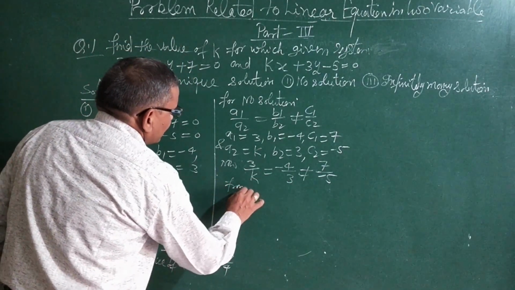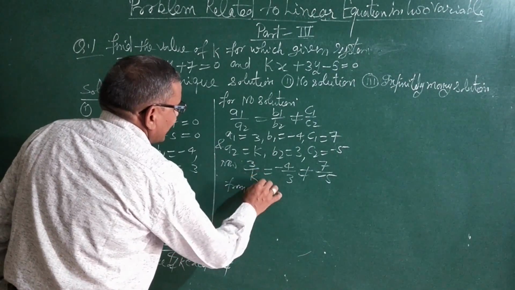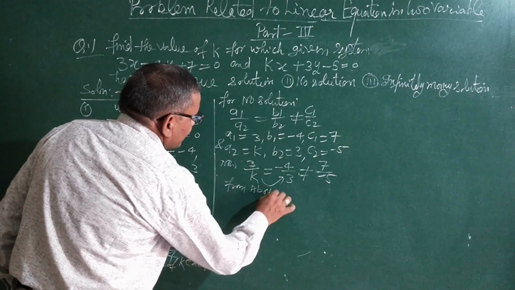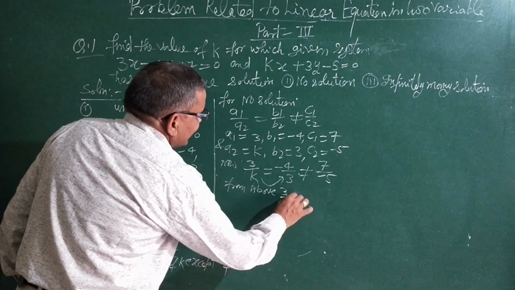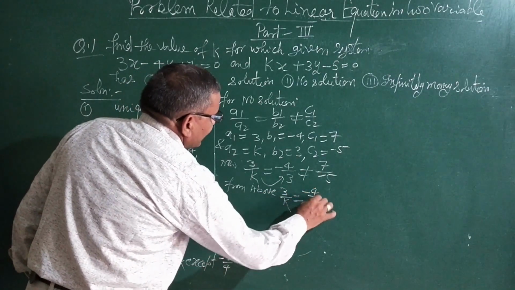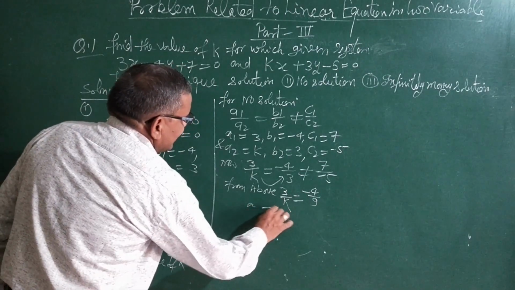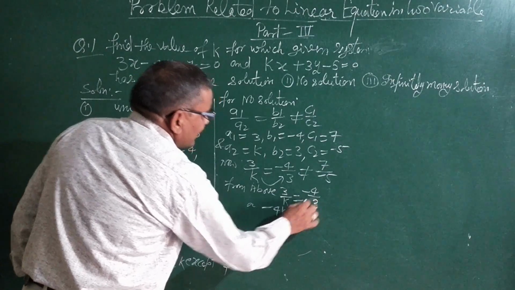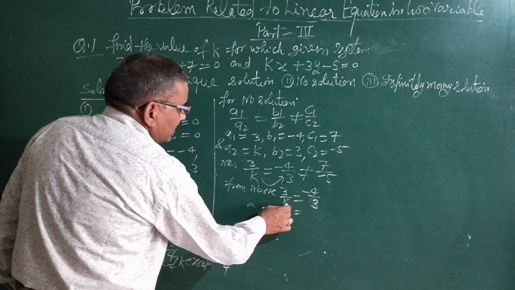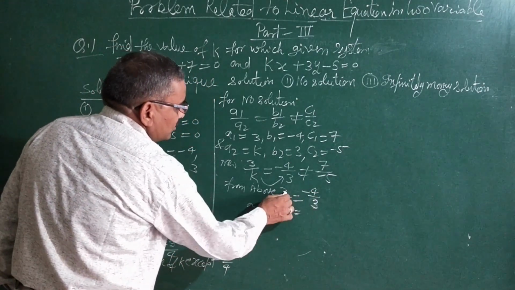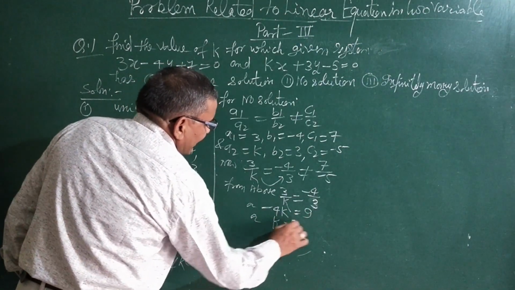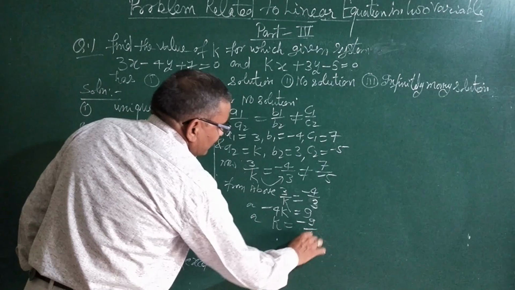from the first and second parts we get 3 upon k is equal to minus 4 upon 3. Now minus 4k is equal to 3 into 3, that is 9, or k is equal to minus 9 upon 4.